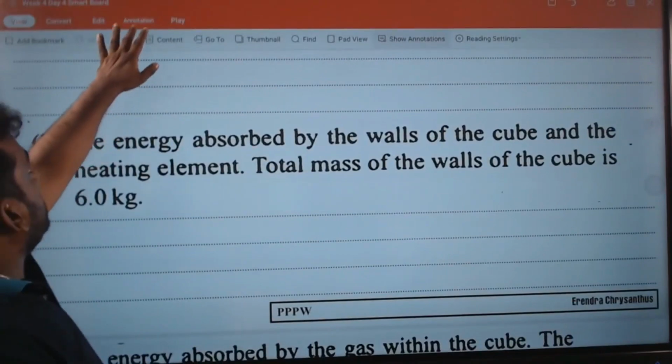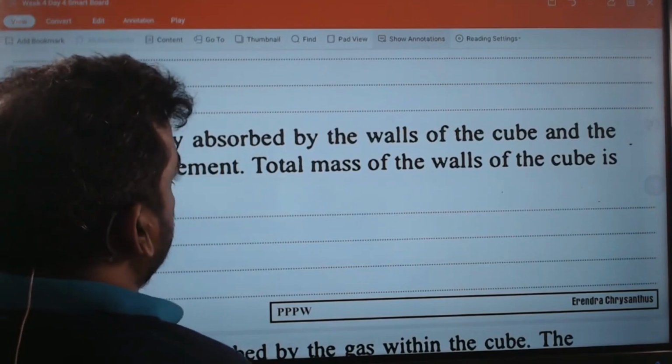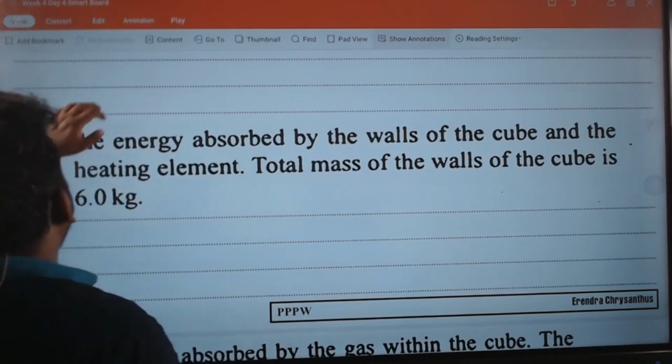The energy absorbed by the walls of the cube and the heating element. Total mass of the walls of the cube is given as 6 kilograms.